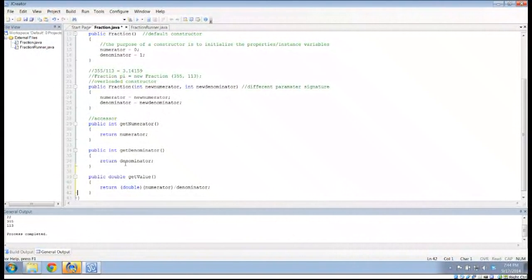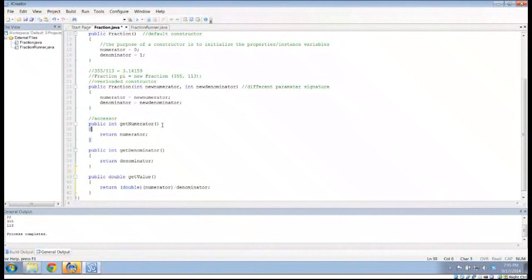Much easier. Okay? So I'm saying, hey, calculate what it would be if I took my numerator and divided it by a denominator as a double and return that value.